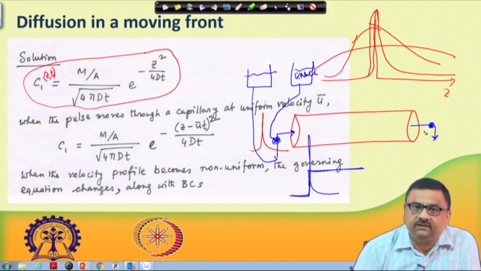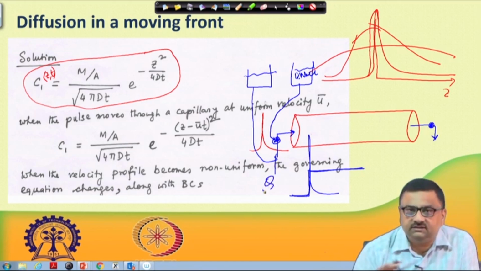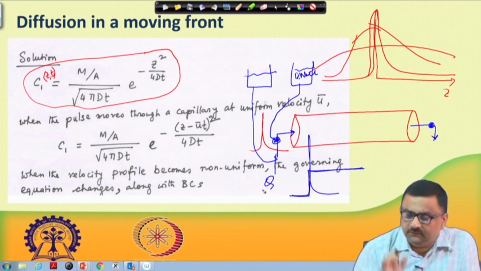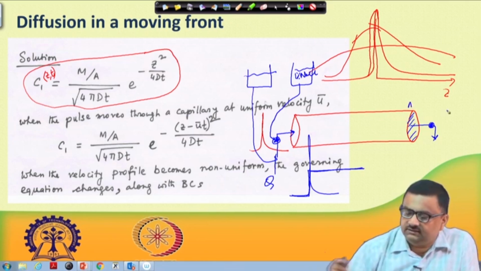What is that time? Let us say I have a flow rate Q. This flow rate does not change; the flow rate is Q all the time. If the flow rate is Q, and let us say the cross sectional area is A, what is the superficial velocity in that case?